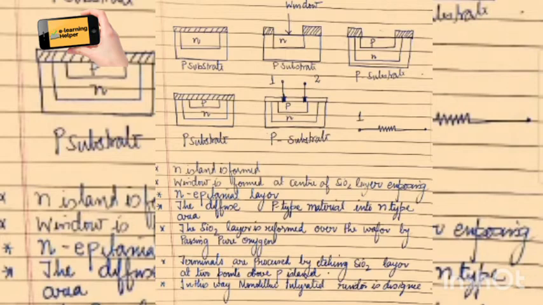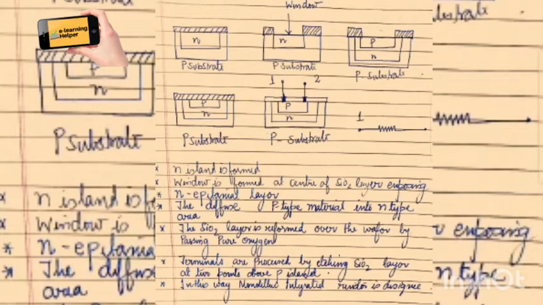Then an epitaxial layer will be grown, exposing the N epitaxial layer. When we remove the SiO2 layer in the form of the window, an N epitaxial layer is developed.